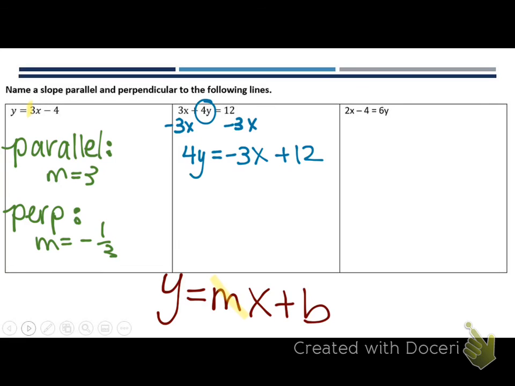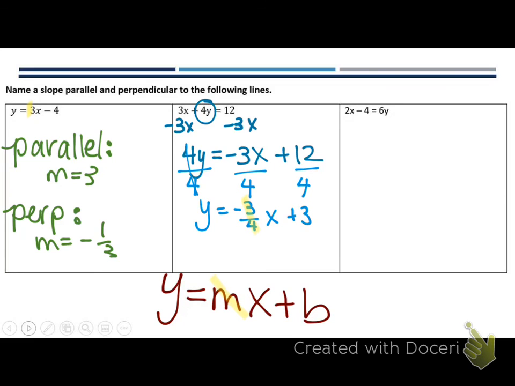My last step, I got 4y by itself. Now I want to get y by itself. How do I get rid of the 4? Divide by 4. Divide each piece by 4. This tells me the equation of the old line is y equals negative 3/4 x plus 3. So what is the slope of the old line?